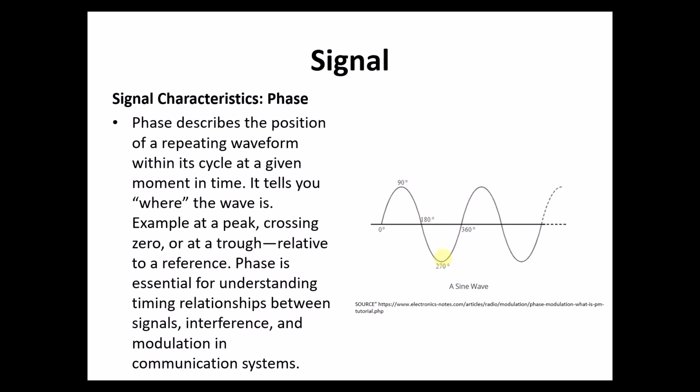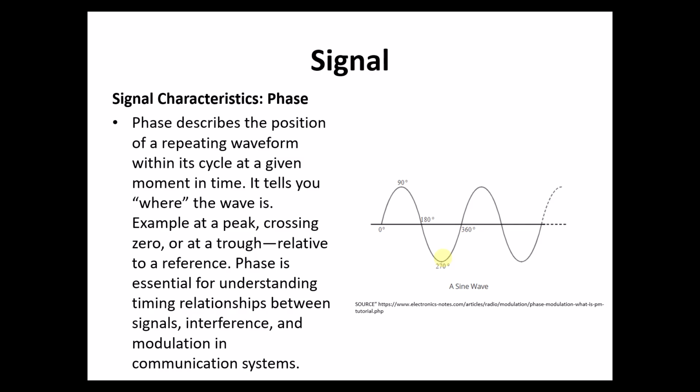Phase is essential for understanding timing relationships between signals, interference, and modulation in communication systems. Normally, we use phase to understand how different signals combine. For instance, if you speak into your phone or into a microphone, the signals travel at different positions.